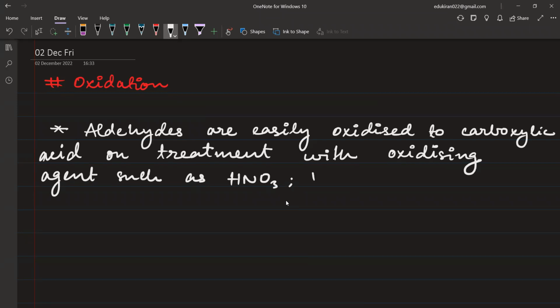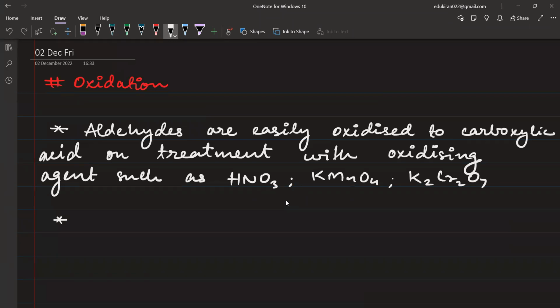You can use KMnO4. You can use K2Cr2O7. All of these are oxidizing agents, and they are going to give you carboxylic acid, right?